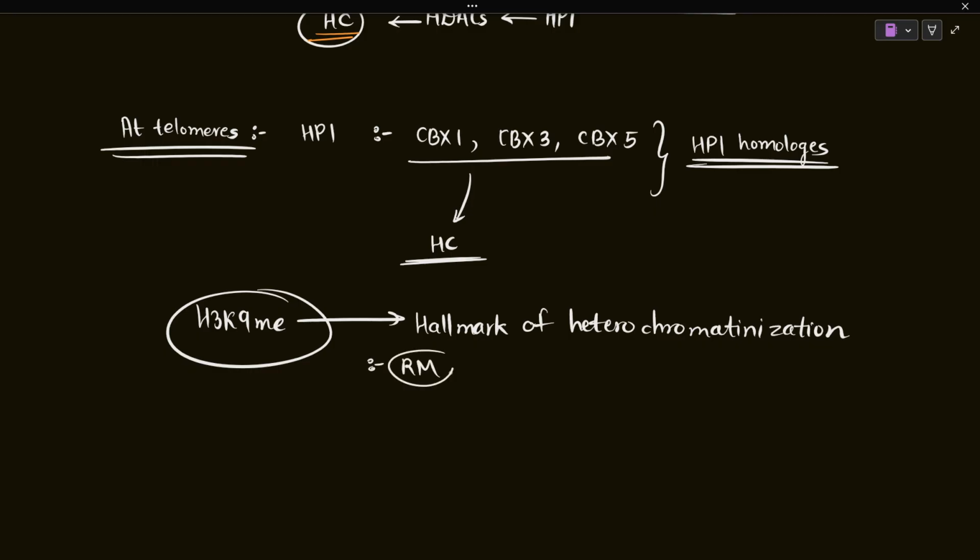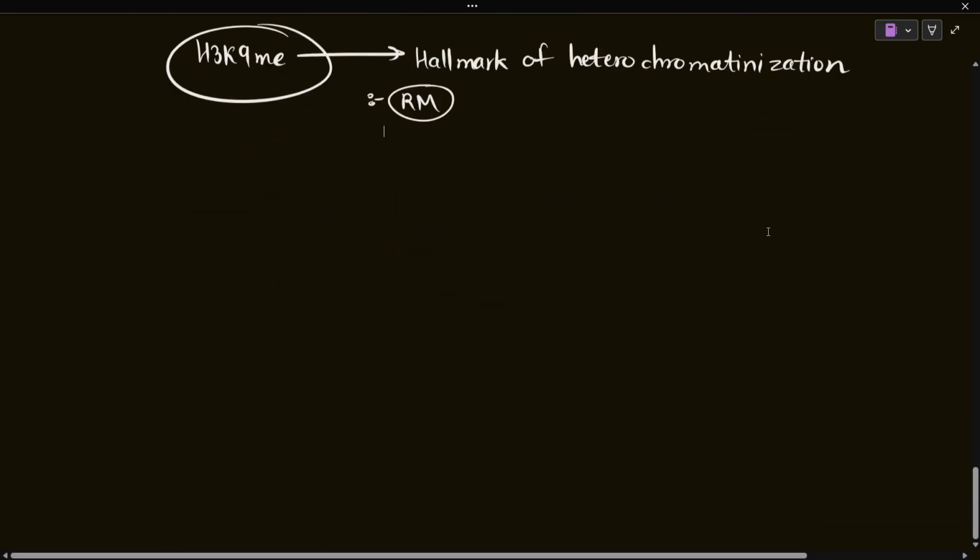So the take home messages, let's summarize quickly everything. The important thing that you need to remember is that the H3K9 methylation mark is a repressive mark. It is the hallmark of heterochromatinization. It can be added by different enzymes. The enzymes which add this mark are known as writer enzymes.